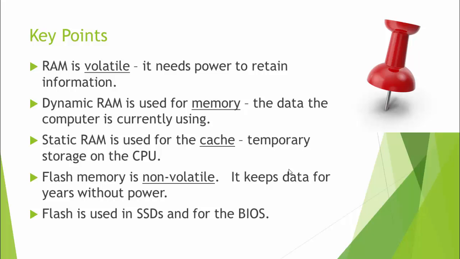Static RAM is used for the cache on the CPU, extremely temporary storage to support the CPU's current thought process. Flash memory is non-volatile. It can keep data for years without being under power. And flash is used for long-term storage, like solid-state hard drives storing your operating system and the BIOS on your motherboard.